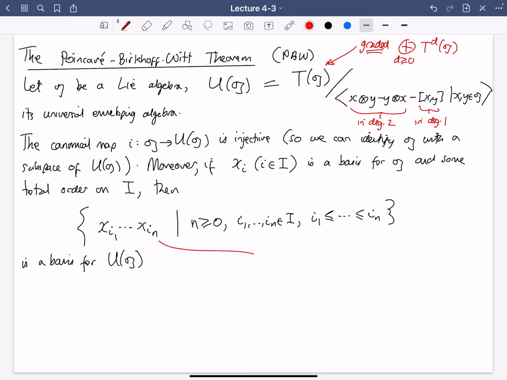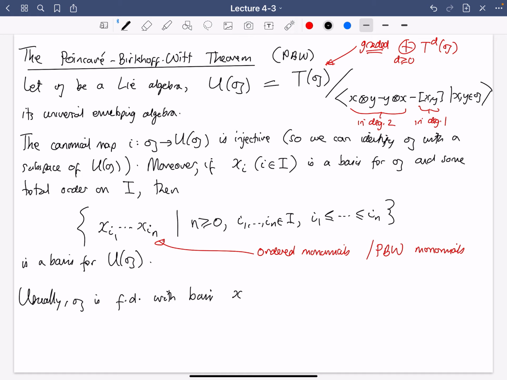These are often called ordered monomials. I usually call them PBW monomials. So you just need a basis and a total order on that basis, and then this PBW theorem gives you a basis for the universal enveloping algebra. Usually for us, of course, G is finite dimensional, and in that case it's more convenient to index the basis just by the numbers 1 through n, where n is the dimension.